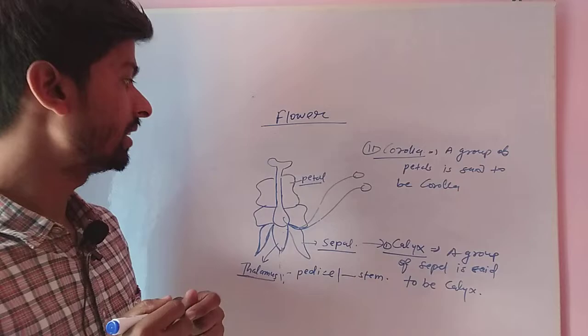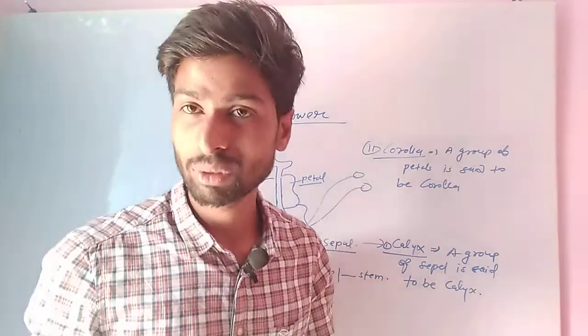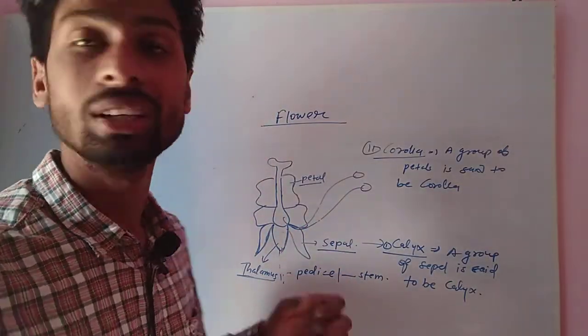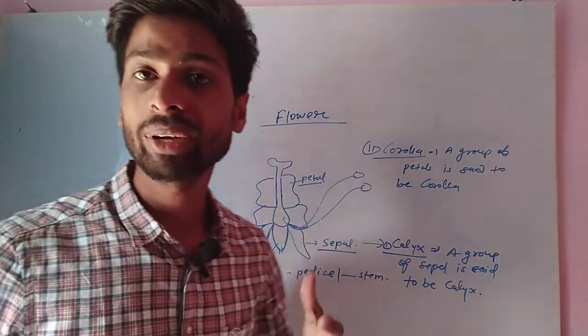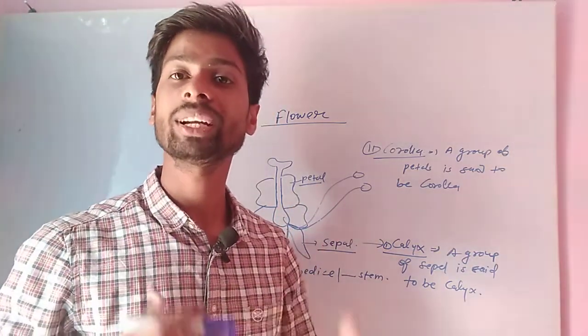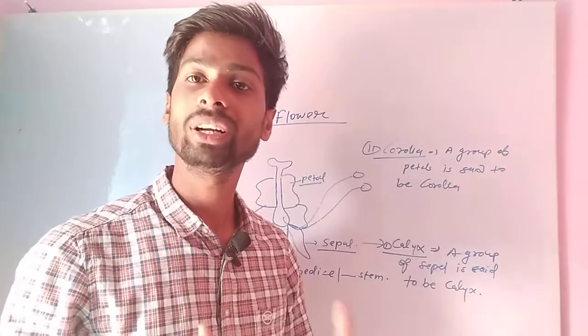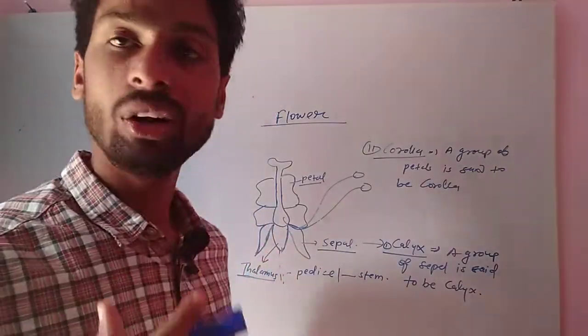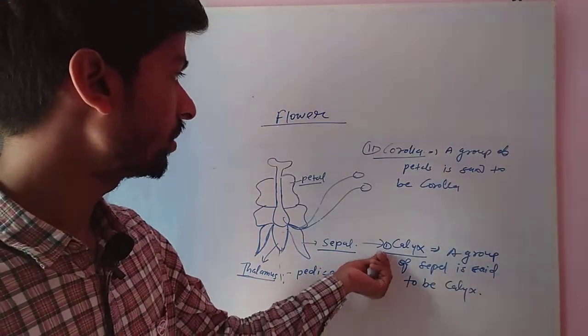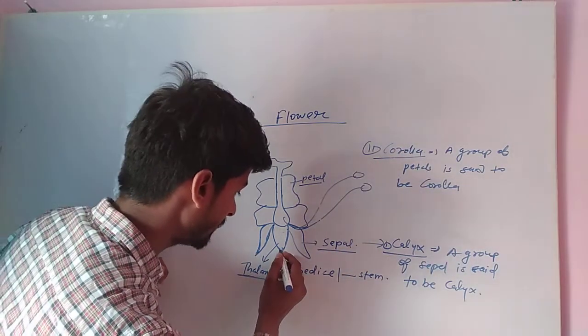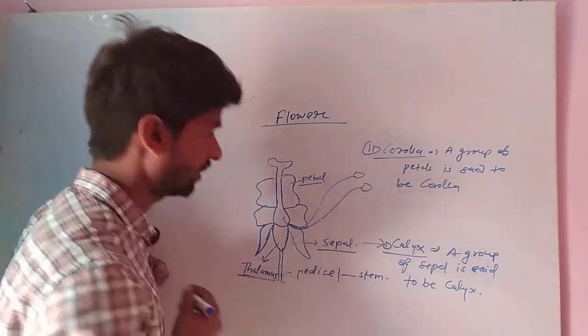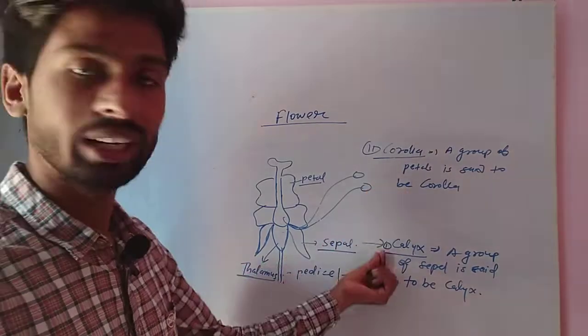In different kinds of flowers there will be different colors of the corolla, or we can say the petals. By looking at the petals, we can find out what kind of flower it is and what color it is. So the first part is the calyx, and the second part is known as the corolla. It was erased, I'm going to write it again. Okay, so now the first and second parts are done.